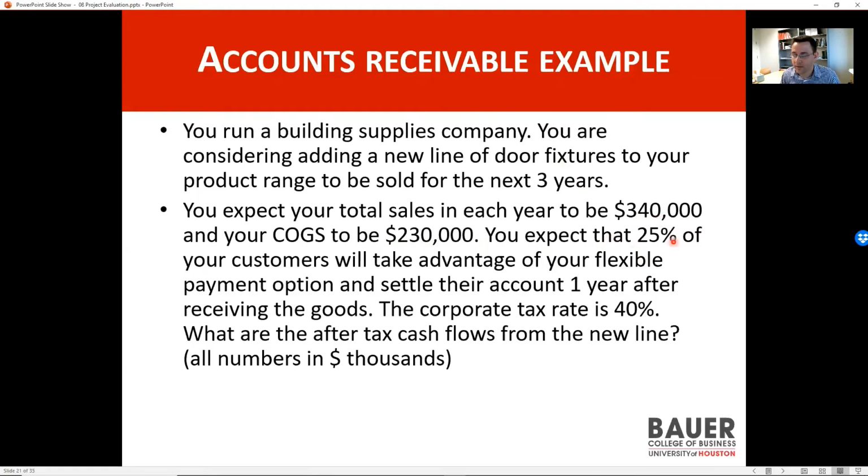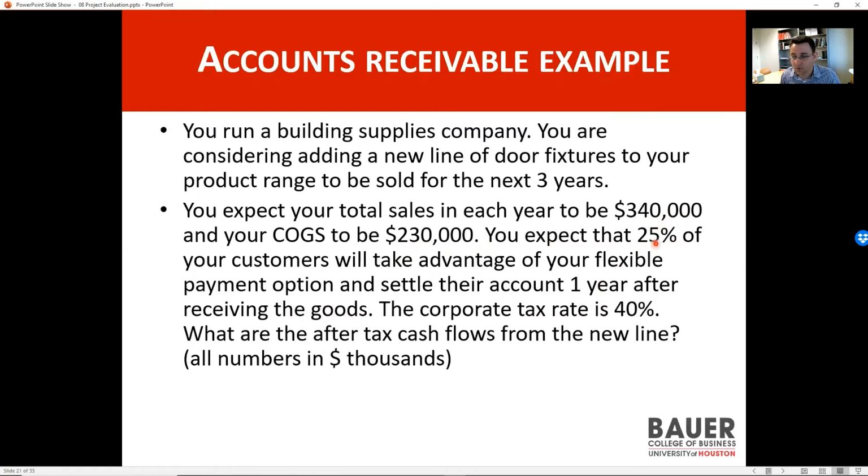You expect, however, that 25% of your customers are going to take advantage of your flexible payment option and settle their account 1 year after receiving the goods. Okay. So this $340,000, you're not going to get all of that right away when you sell it.